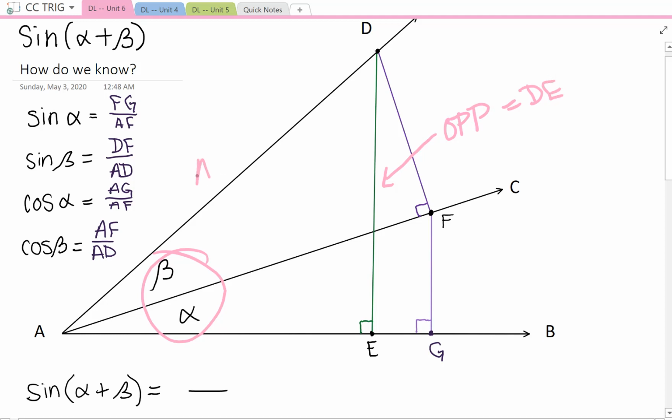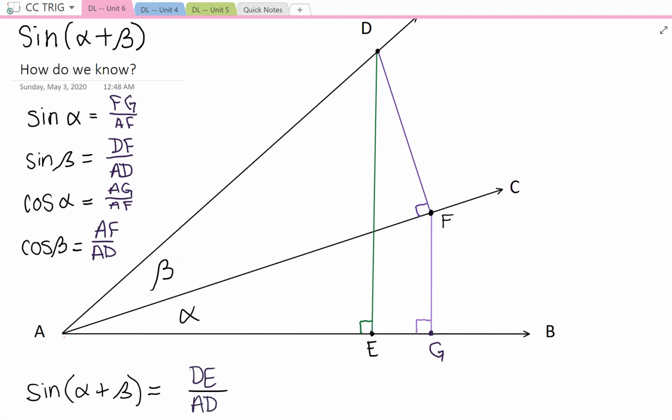And the hypotenuse would still be AD. Your adjacent side is AE, but right now we're focusing on sine, so we're not going to talk about the adjacent side. So sine of alpha plus beta is DE, the opposite side, over AD, the hypotenuse.